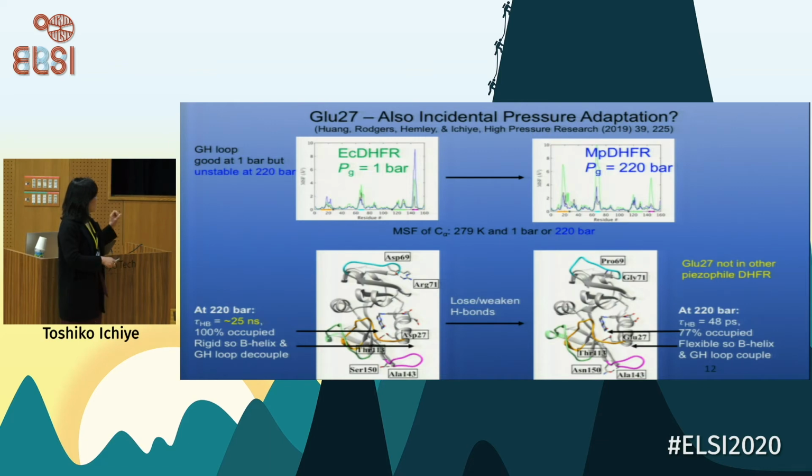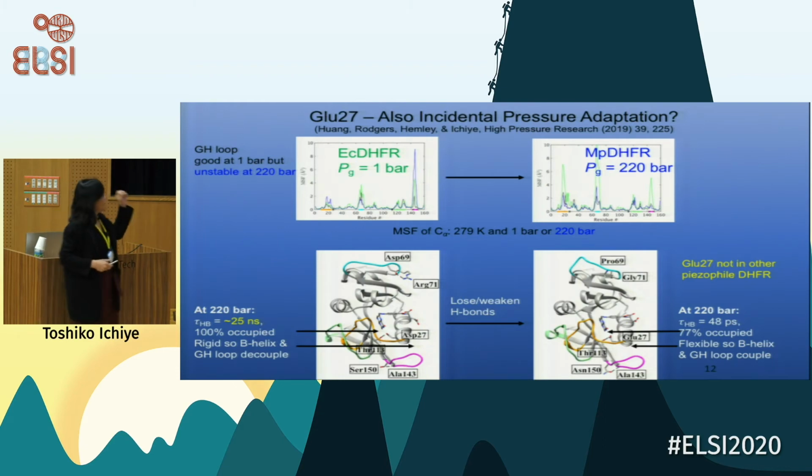Our rationale is that aspartic acid forms a very rigid hydrogen bond, and glutamic acid, which just differs from aspartic acid by 1 carbon, is more flexible. And this actually allows, there's a hydrogen bond between this helix and this loop, which seems to be important. If you have this rigid connection, it breaks.